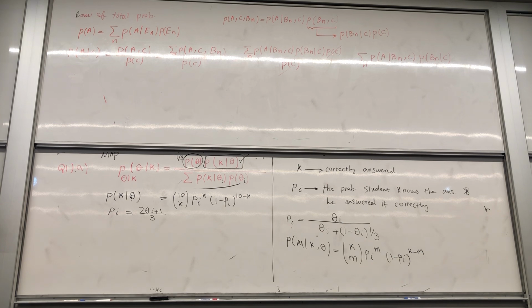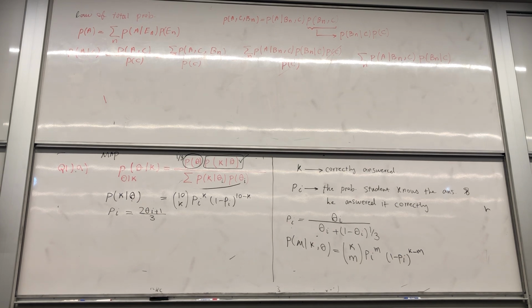What's the meaning of this? Let's interpret it. 5 questions are correctly answered, so most likely the student knows only 3 of them, and 2 of them were just guessed. That's the interpretation.